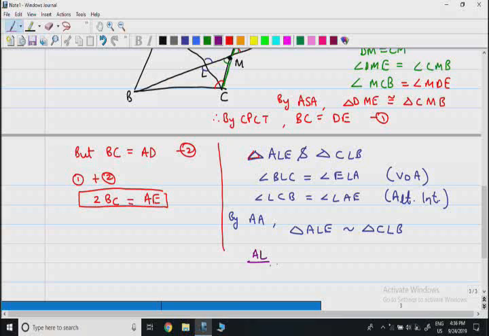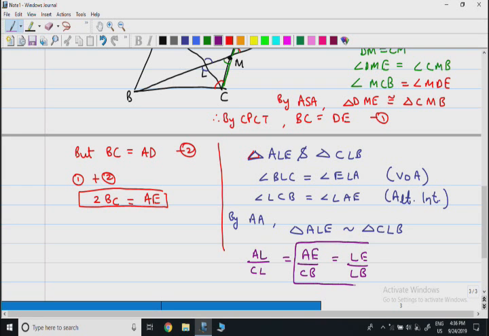So we can say that AL upon CL is equal to AE upon CB, which is equal to LE upon LB. Now since we were focusing on EL and BL, and we know BC and AE, this is the equality which we have to use.